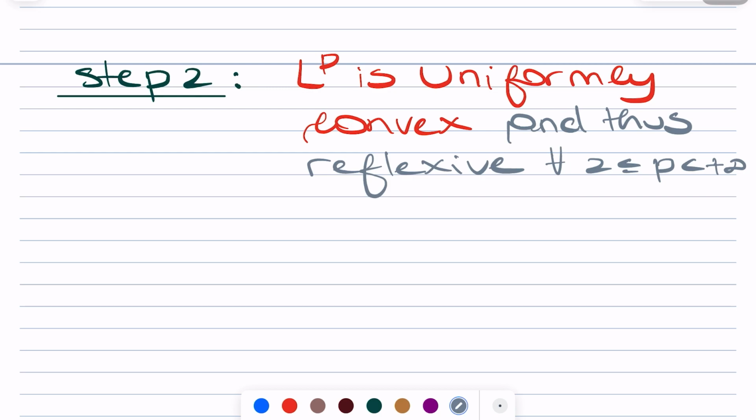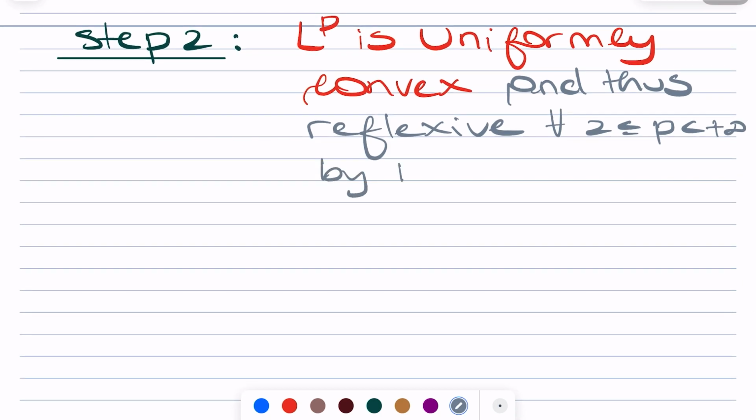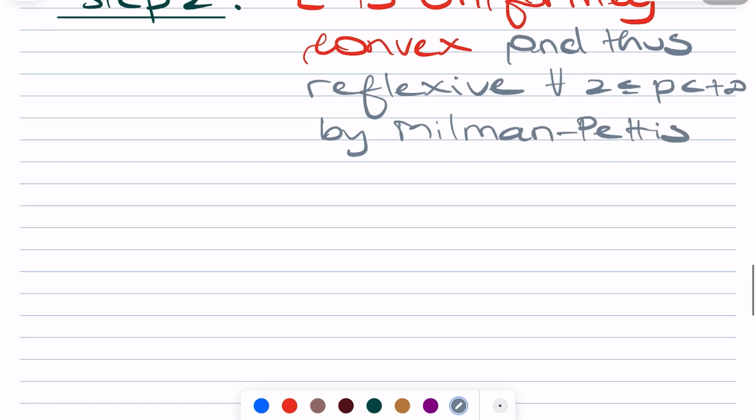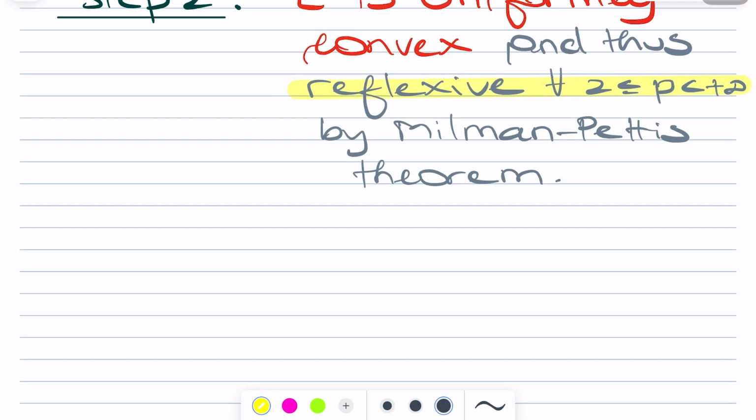And this is of course by Milman-Pettis theorem. Let me just highlight, and that's reflexive. Okay, so let's prove that L^p is uniformly convex.